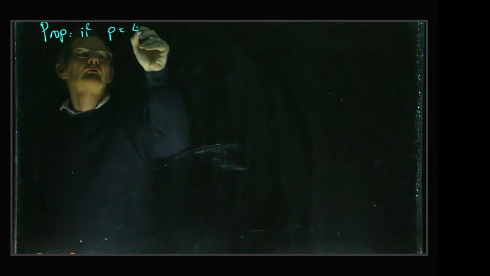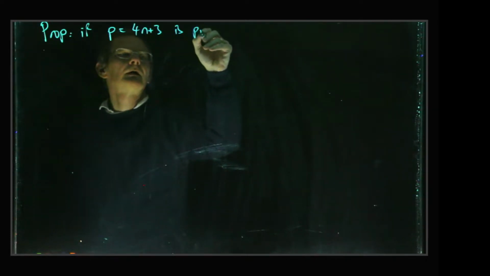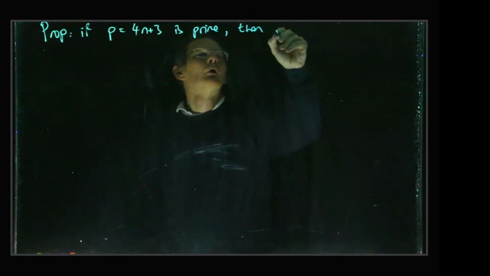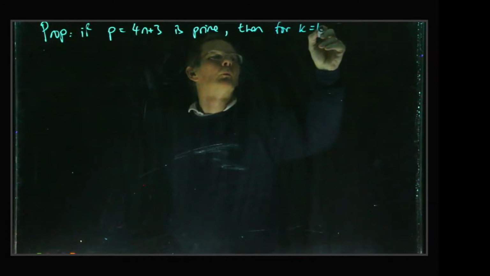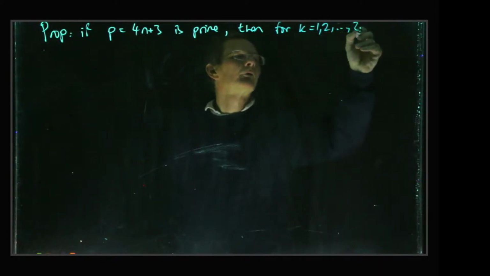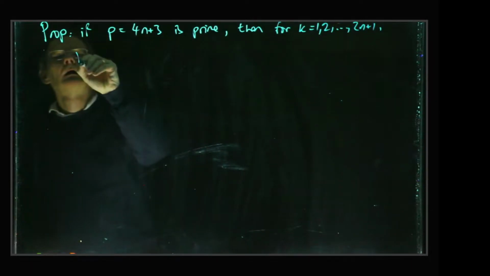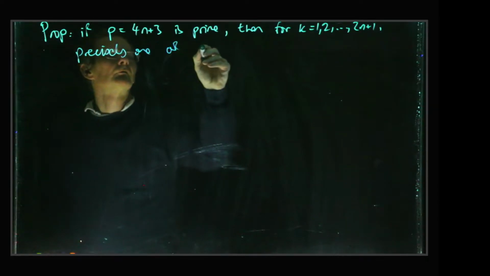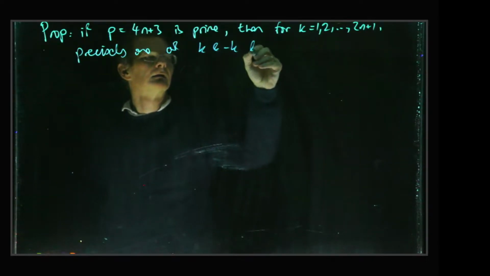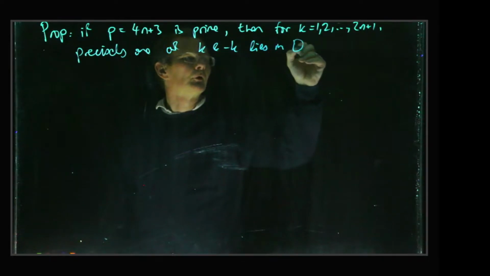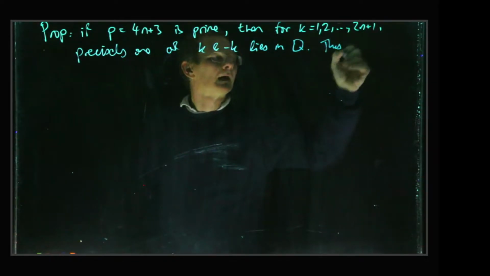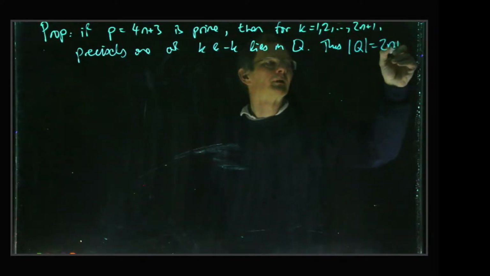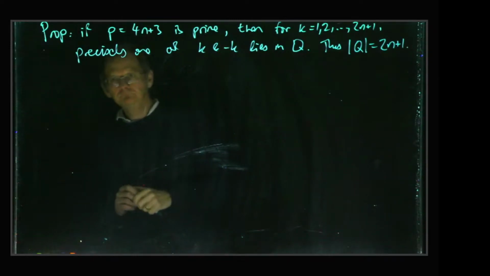If p is 4n plus 3 and is prime, then for k from 1 up to 2n plus 1, precisely one of k and minus k lies in Q. And as a consequence of that, you see that the size of the set Q is going to be equal to 2n plus 1.